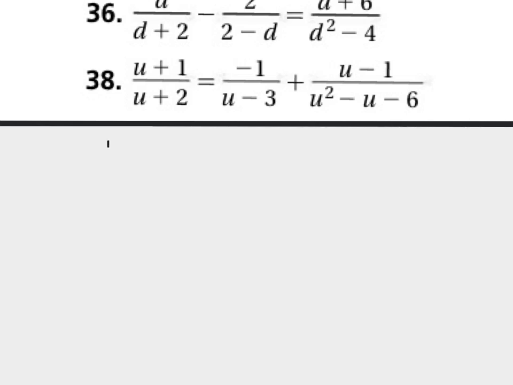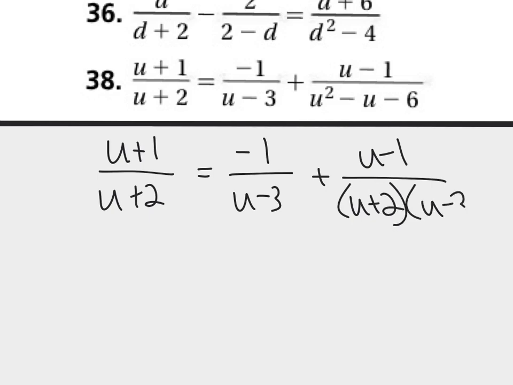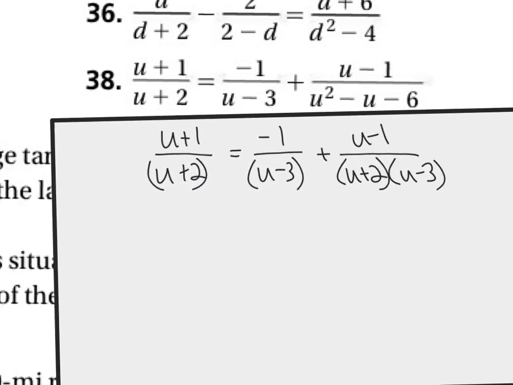So in this problem, if you see the trinomial, this might look a little intimidating at first, but that trinomial can actually be factored as u plus 2 times u minus 3, which just so happened to be the other denominators that we had in this problem.